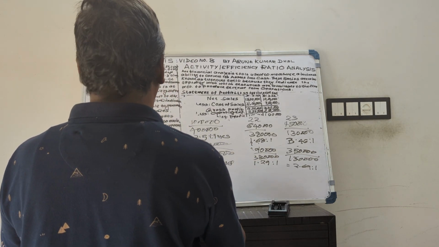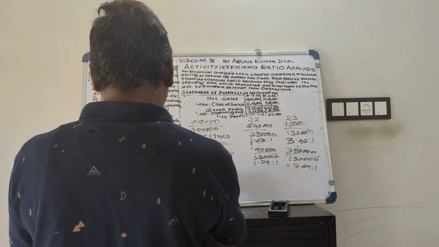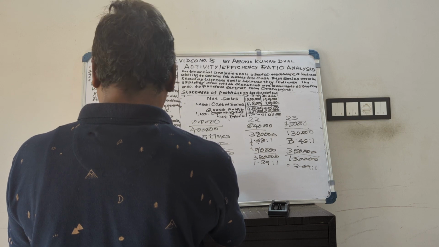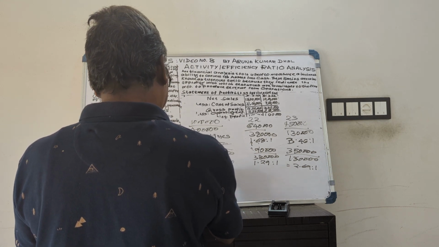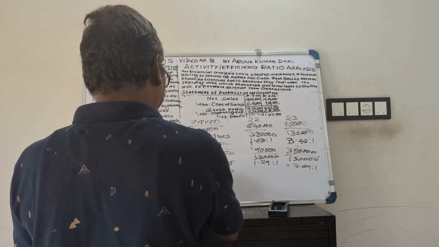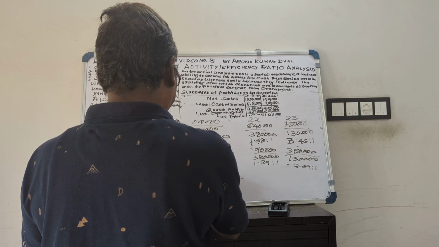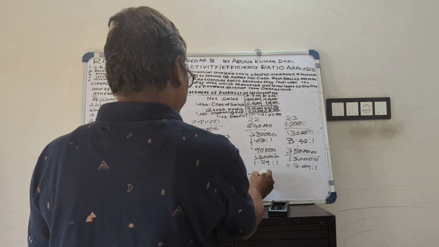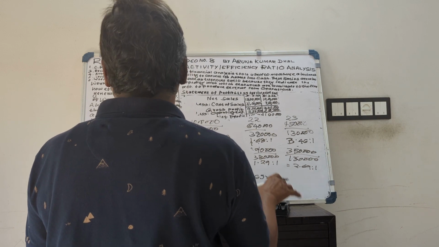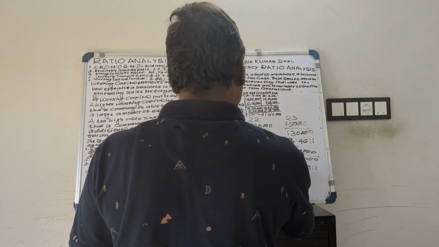Average collection period: we will take the total receivables. Total receivable of 2022 was 4 lakh divided by sales, that is 10 lakh, into 365 days. So number of days for collection is 144 days.